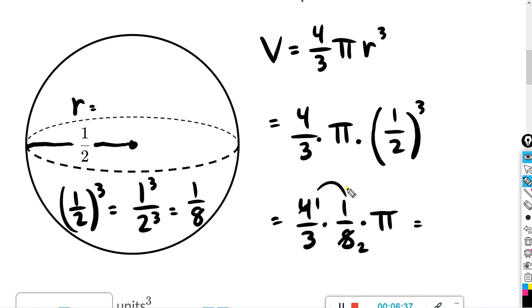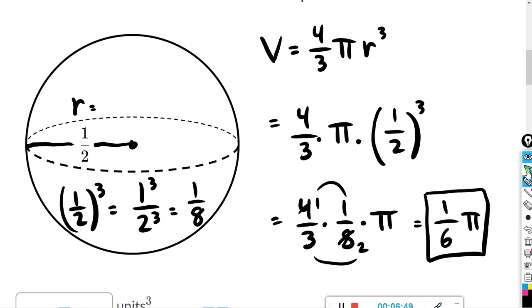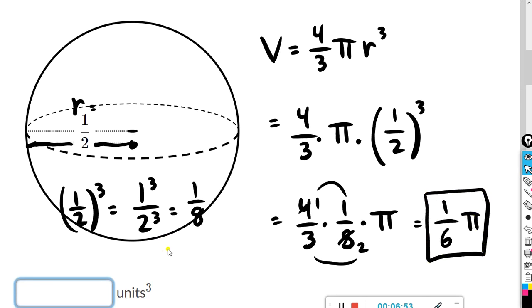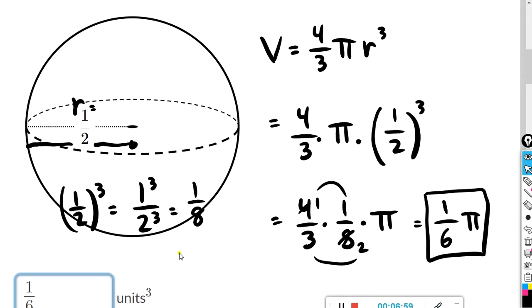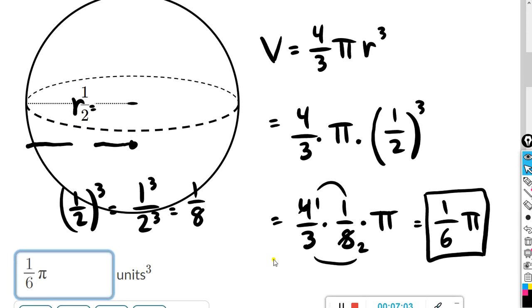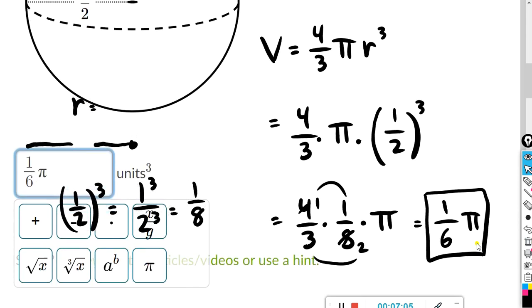And then in the numerator, 1 times 1. In the denominator, 3 times 2. And we still have the pi, so it's 1/6 times pi. So click inside the box, and you want to type 1/6. Click the right arrow key and type pi. All right, and that will give you 1/6 pi.